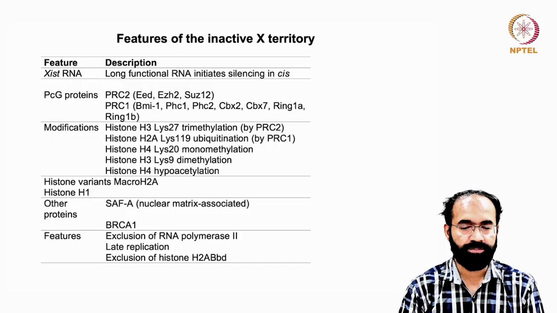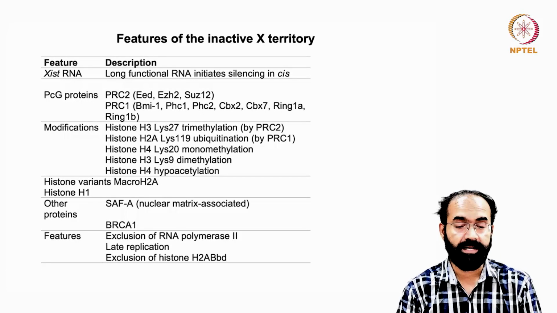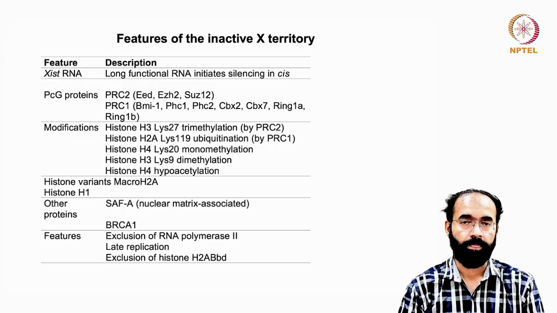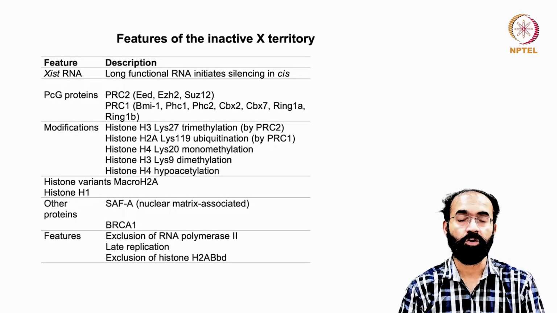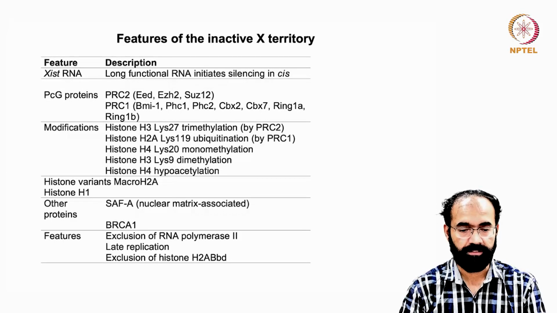In the same way, PRC1 also has plenty of molecules: BMI1, PHC1, PHC2, CBX2, CBX7, RING1A, RING1B, and so on and so forth. So these proteins congregate together onto the chromatin and facilitate specific modifications on the histone proteins, because of which you can create a repressive chromatin. That means chromatin that is not available for transcription. That is the meaning of repression.